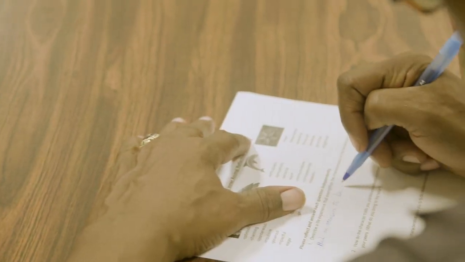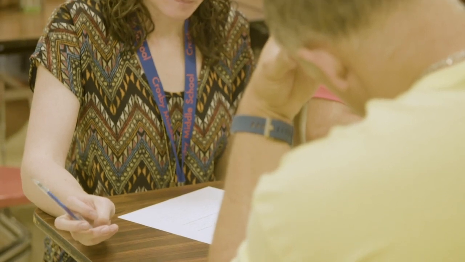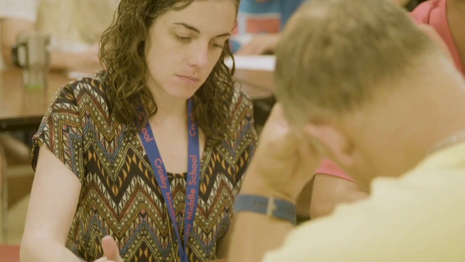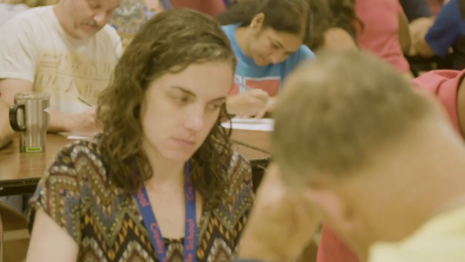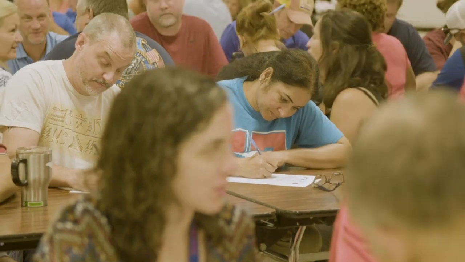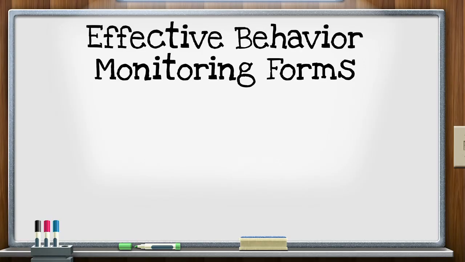A rule of thumb for considering time is to create assessment and evaluation systems that take no more than 1% of anyone's time on a daily basis. This simplicity starts with the development of a collection form. Considerations for the development of an effective behavior monitoring form revolve around accuracy and simplicity.